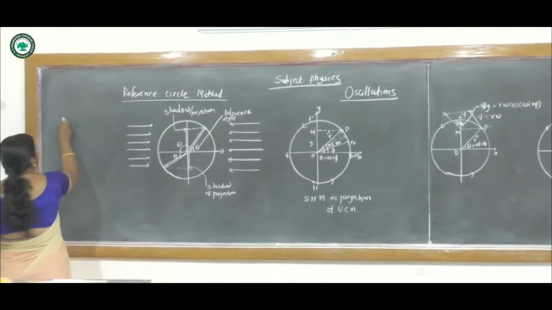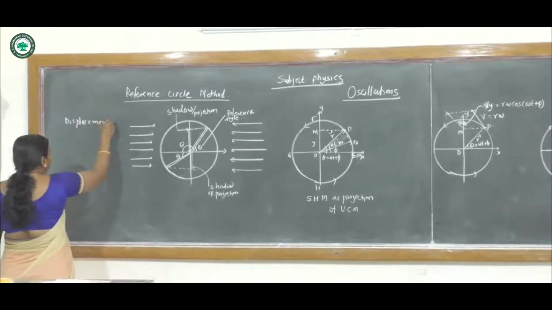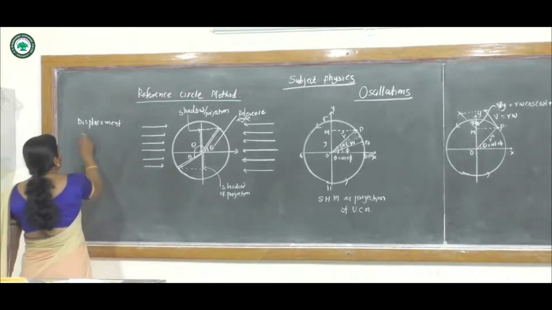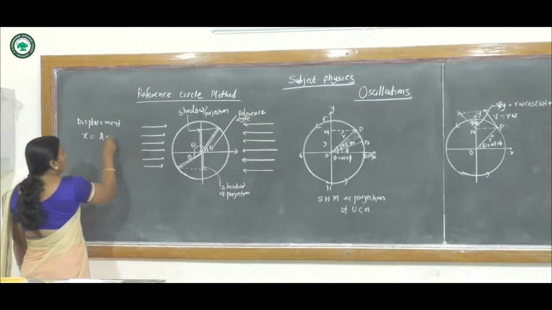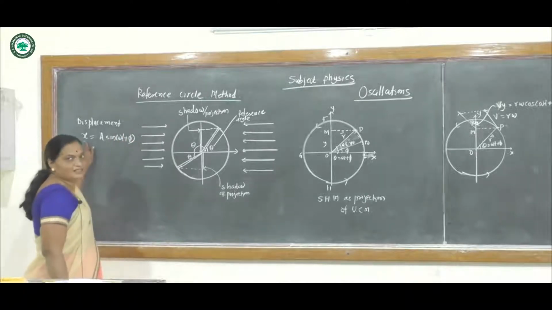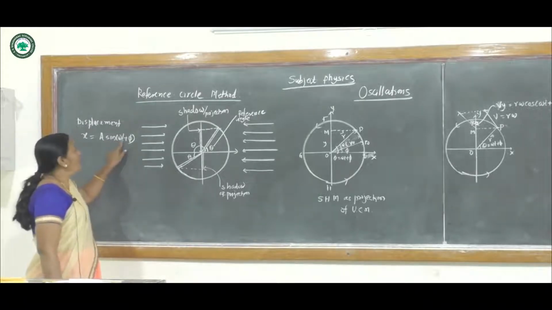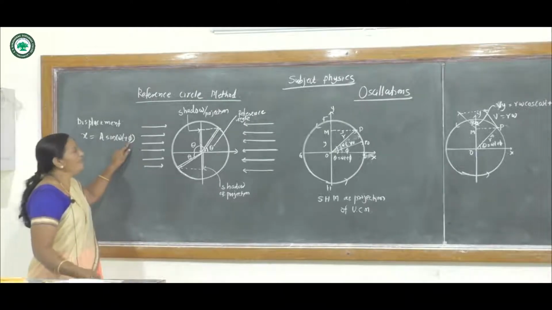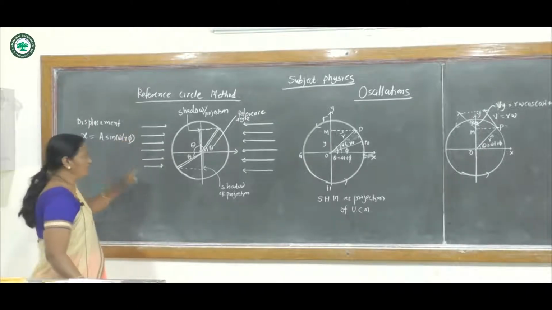The displacement is given by x is equal to a sin(omega t plus phi), where x is displacement, a is amplitude, omega is angular velocity and t is time, phi is the initial angle or starting phase. It is the initial phase, also known as the phase constant.